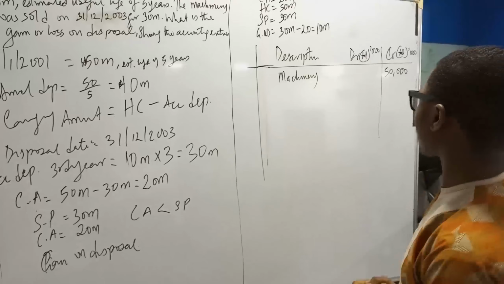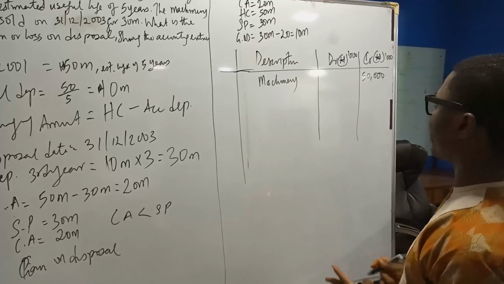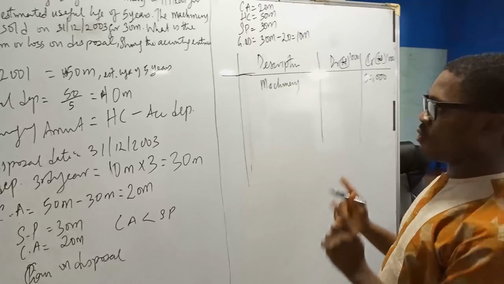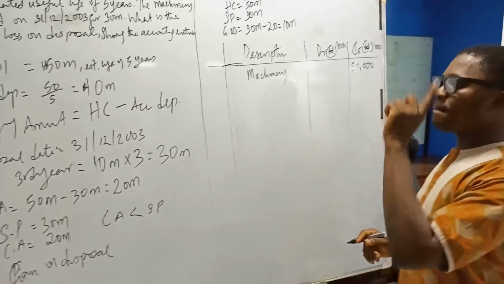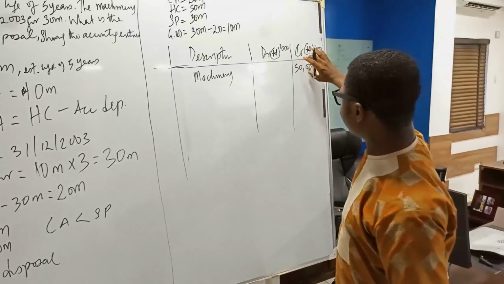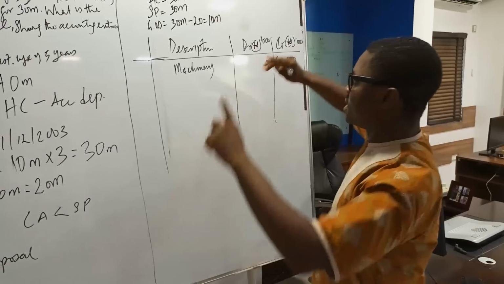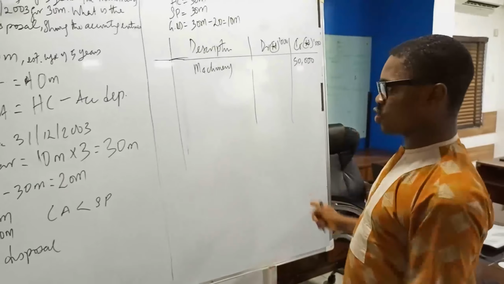Recall that at recognition the machinery account was debited with the 50 million naira. So by crediting the machinery account with 50 million naira, the 50 million has nilled off each other.